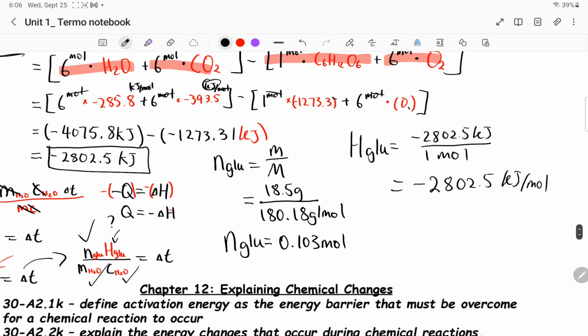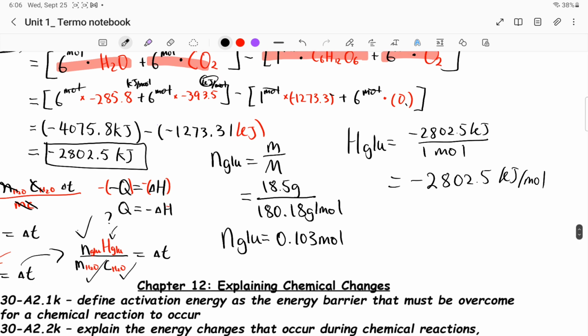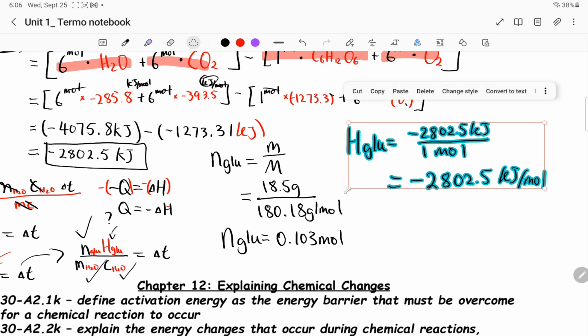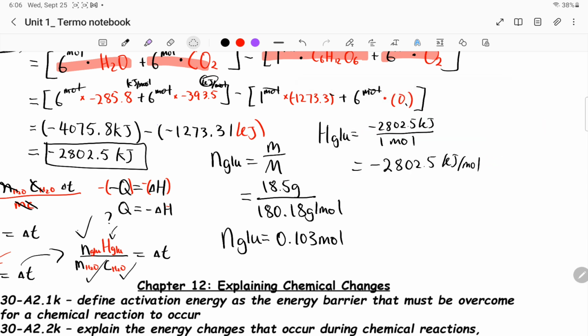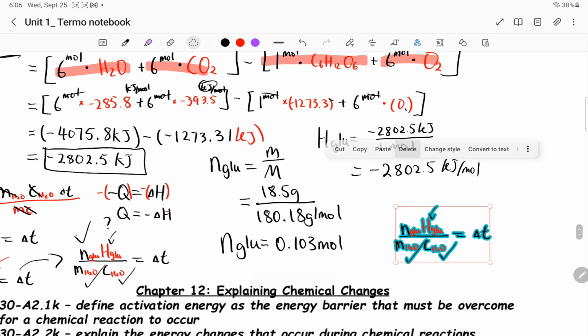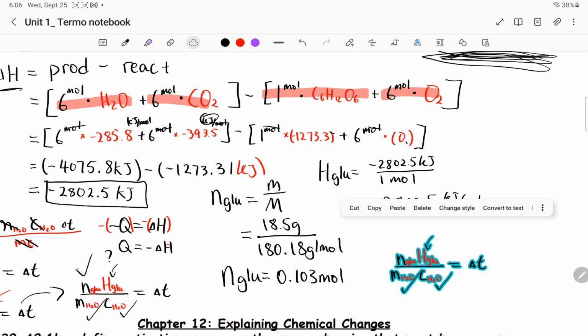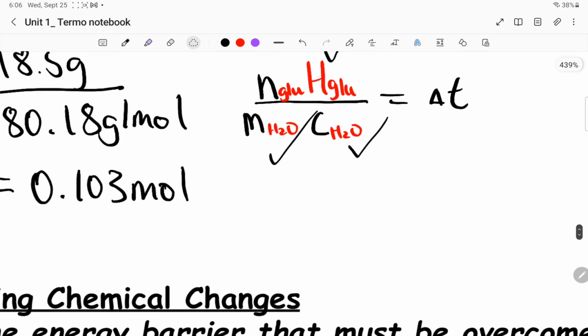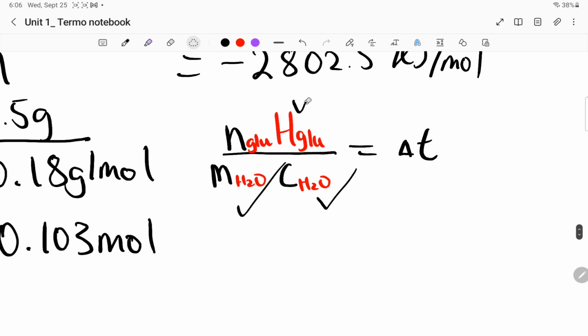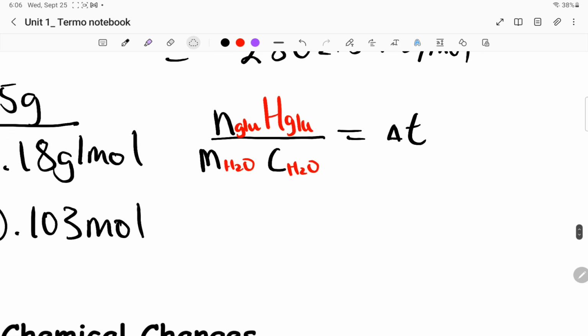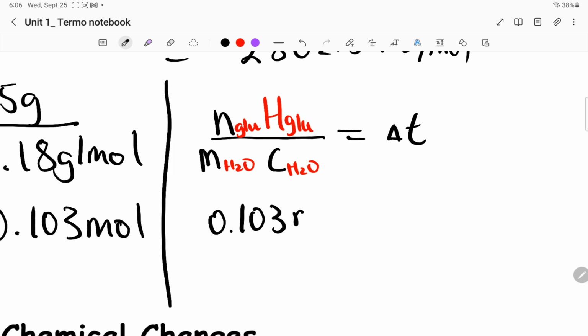Okay, so now we have all our numbers. It's a lot of math though. Let's make it smaller. We'll put it here. So our final step, I'm gonna copy this. All we're gonna do is fill in numbers. Okay. So let's see. Our n of glucose was 0.103 mole.